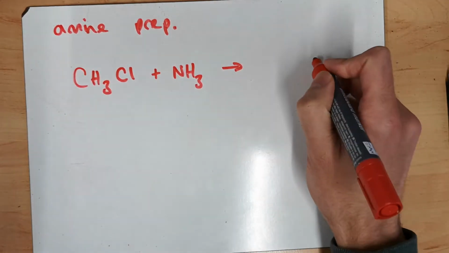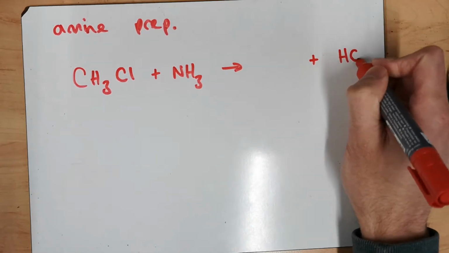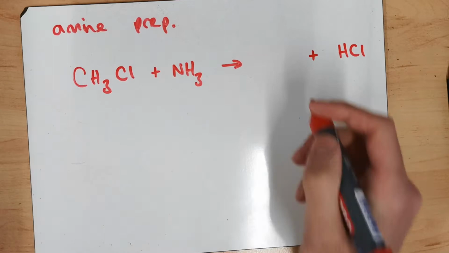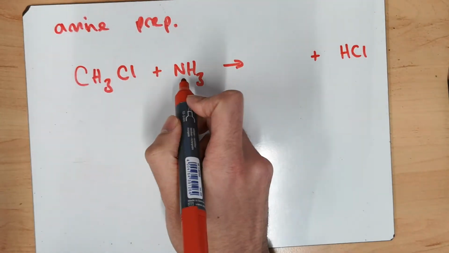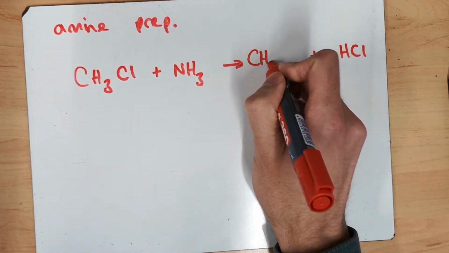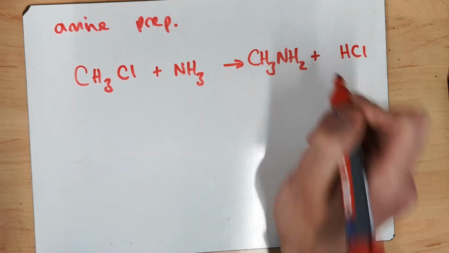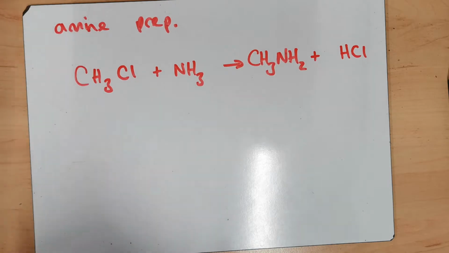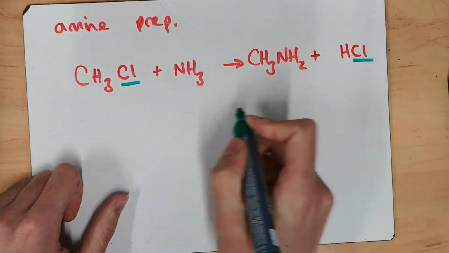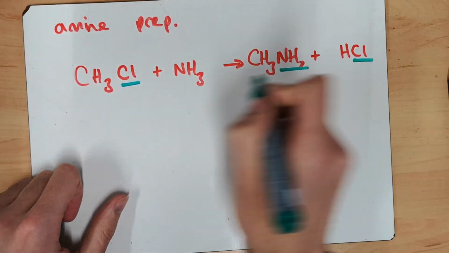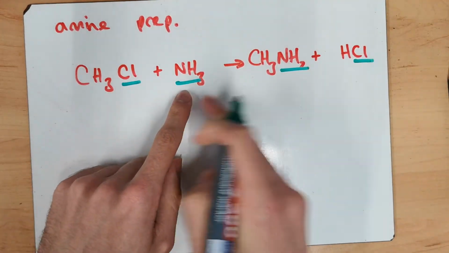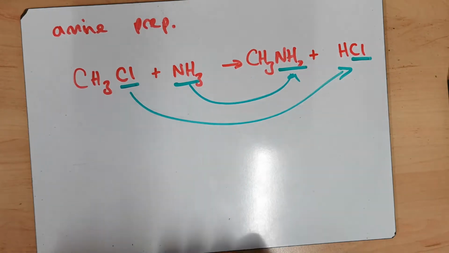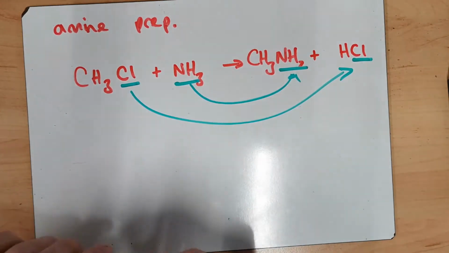So the chlorine breaks off and it goes and forms with one of the hydrogens, and we get hydrochloric acid. And then that leaves us with NH2 here, and then NH2 goes where the chlorine was. So the chlorine substitutes off and goes with one of the hydrogens, and the NH2 goes to there. So that's why we call it a substitution reaction, the NH2 swapping with the Cl.